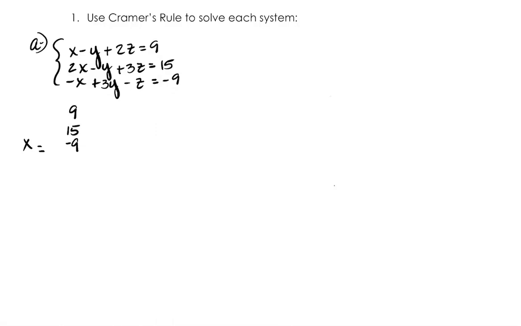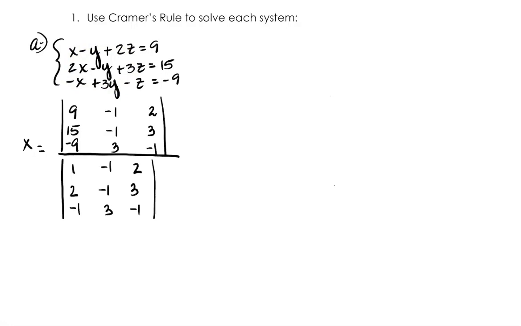And for the second column, we'll use the coefficients of the y values, -1, -1, and 3. Finally, the third column would have the coefficients of the z values, 2, 3, and -1. Now we are going to divide this determinant by the determinant of our system.